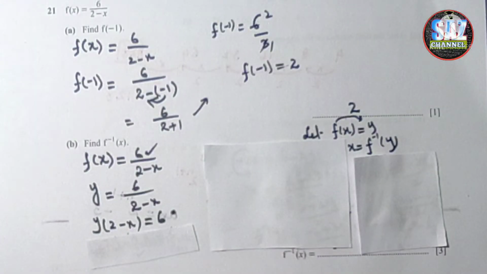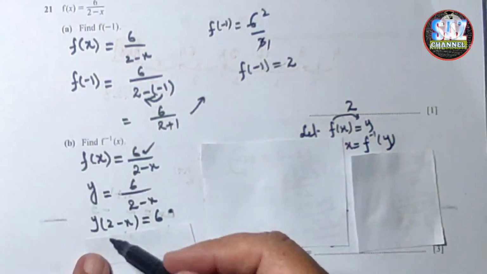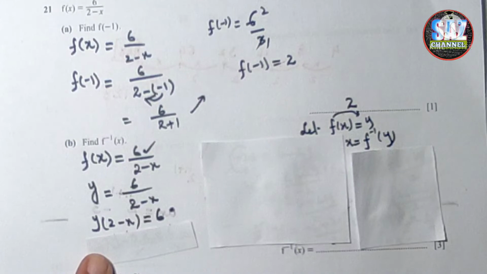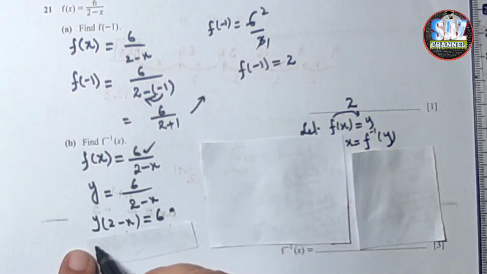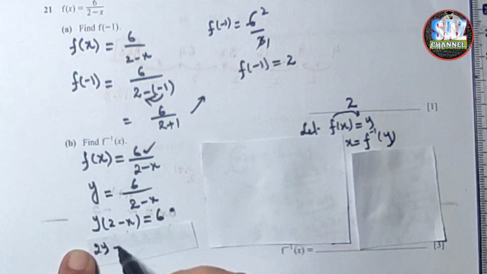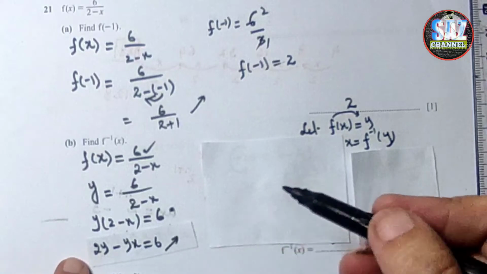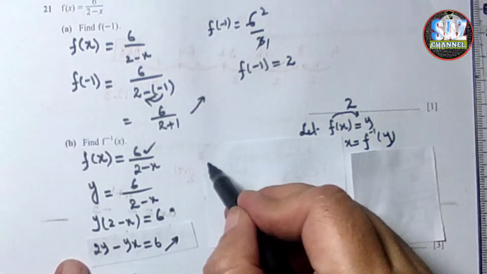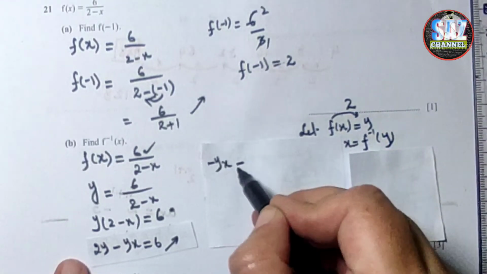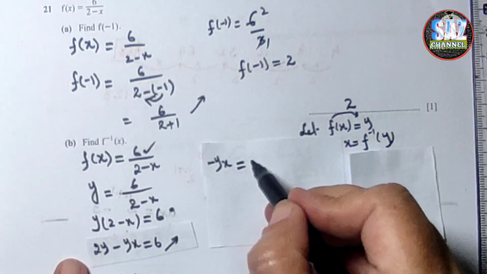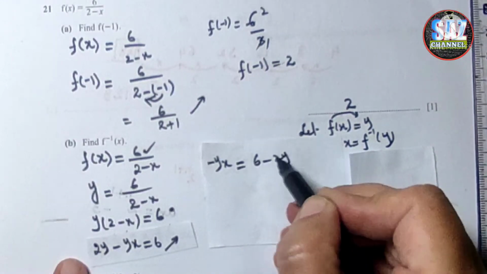Now after this we have to apply the distributive property, multiplying this y: it will become 2y minus yx equals 6, and it will take the form minus yx equals 6 minus 2y.